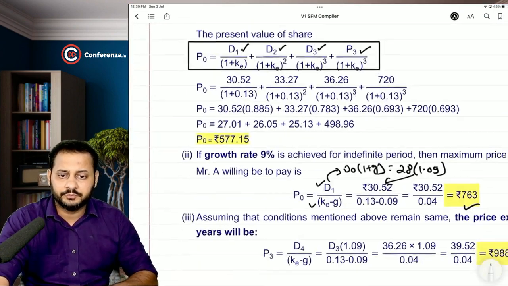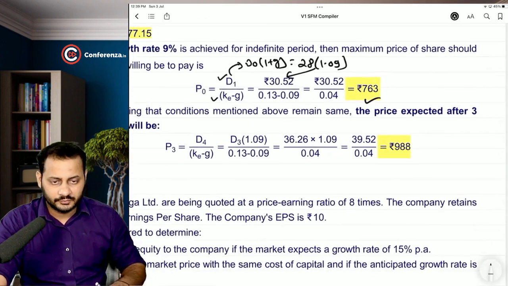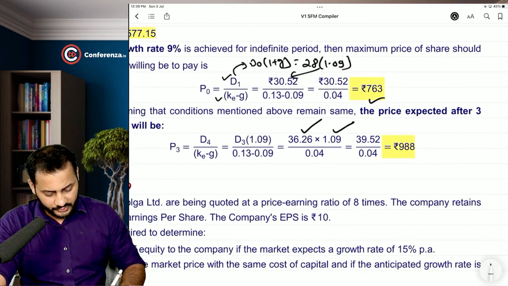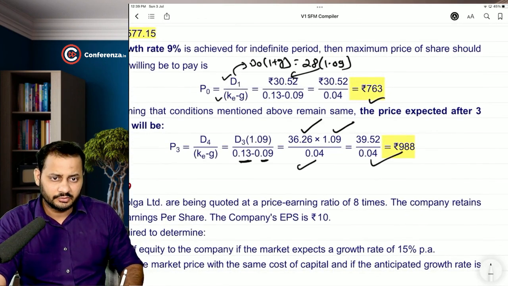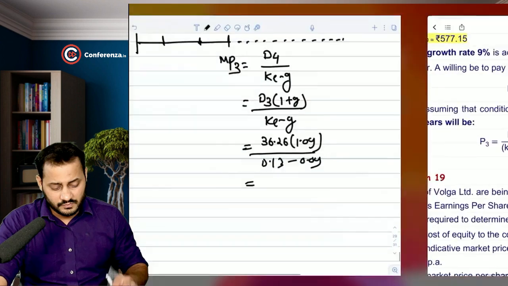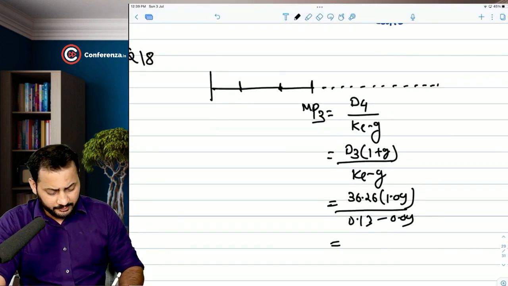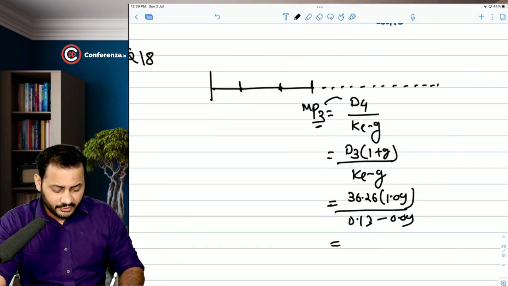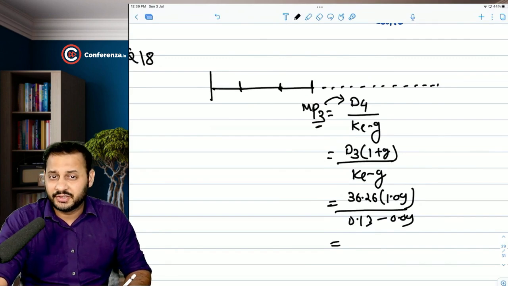36.26, 1.09, 13%, 9%, and your answer is here. You may ask, or you should know, that while calculating MP3, we have to take the next year's dividend and only then we are going to calculate the theoretical price.